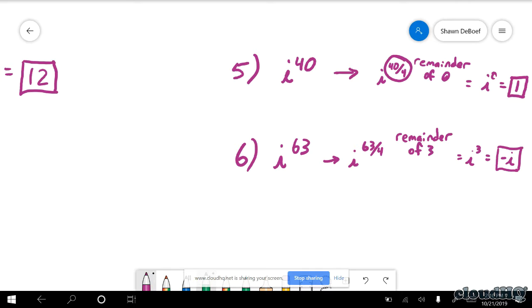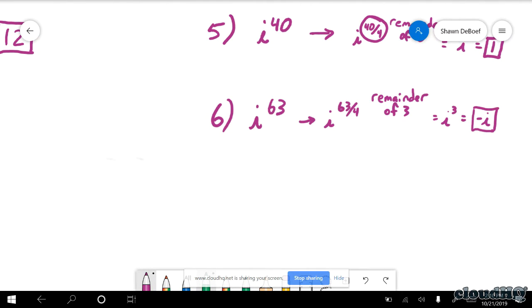We could do a couple more of these just for a little extra practice before we move on. This is actually a small part of the unit, but it is a part of the unit. I to the 14th. If you took 14 divided by 4, what's your remainder? Well, 12 is a multiple of 4, so 14 is 2 bigger than that. It's the same as I squared.